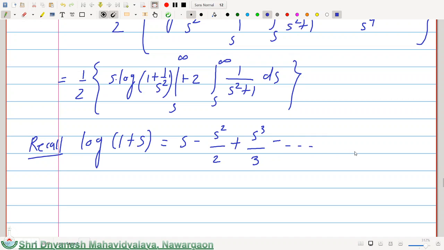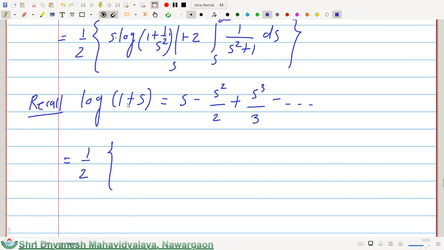I'm not going to write the next terms. This is an infinite series. We are going to use this expansion of log of 1 plus s here as log of 1 plus 1 by s square. So 1 by 2 here, s into log of 1 plus 1 by s square.